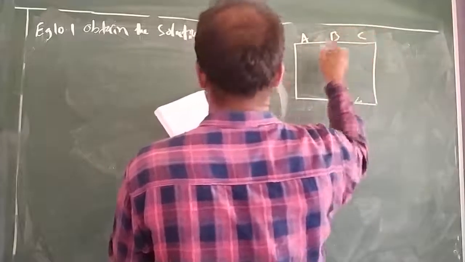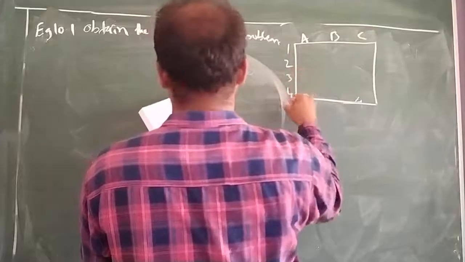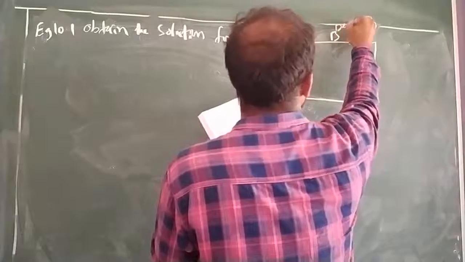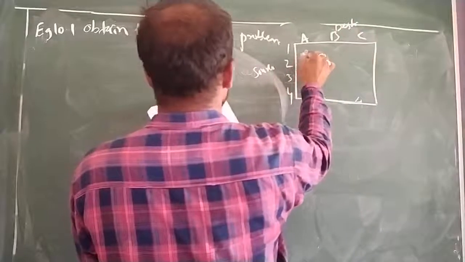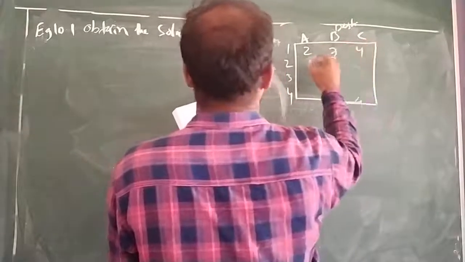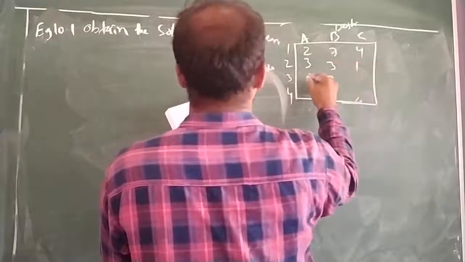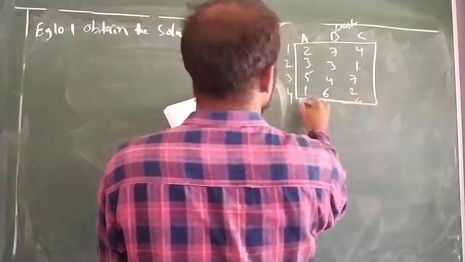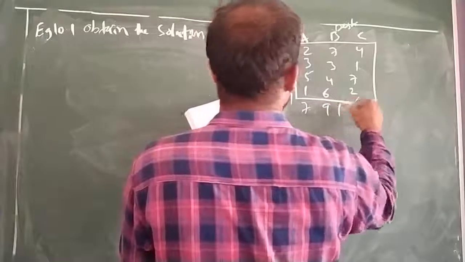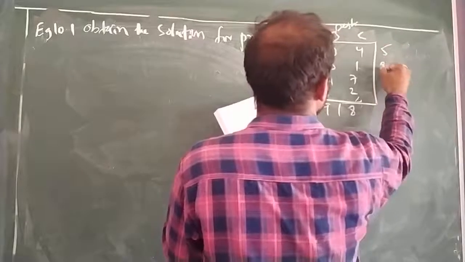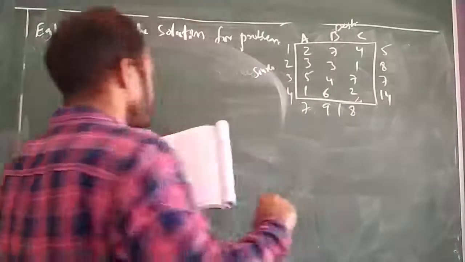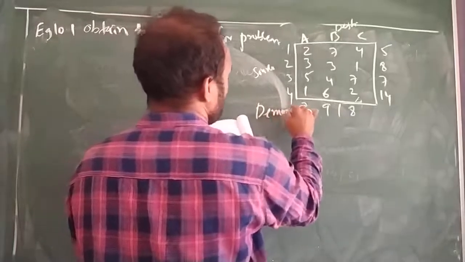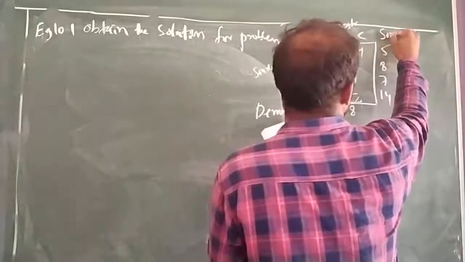A, B, C are the sources, and 1, 2, 3, 4 are the destinations. The cost values are 2, 7, 4, 3, 3, 1, 5, 4, 7, 1, 6, 2, with supplies 7, 9, 18 and demands 5, 8, 7, 14. So this is the question, and these are the demand values for the destinations.